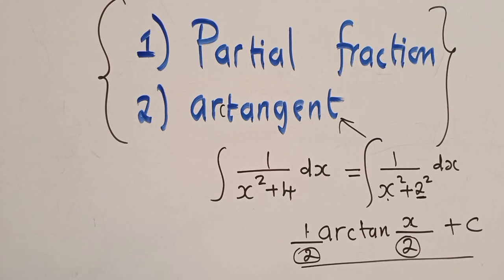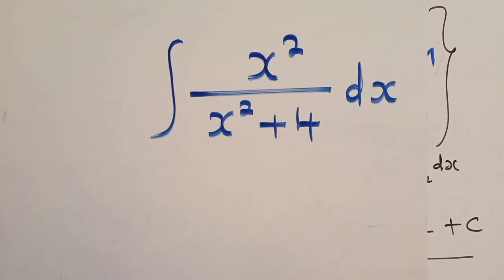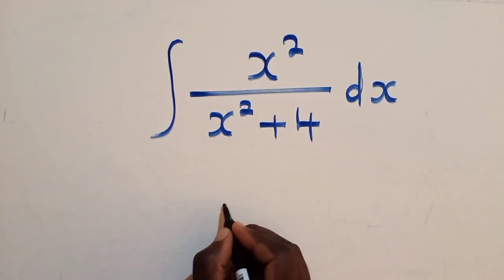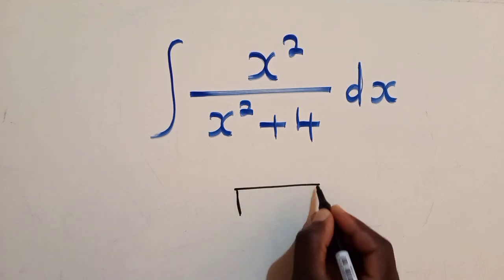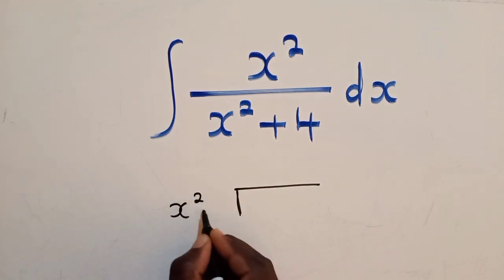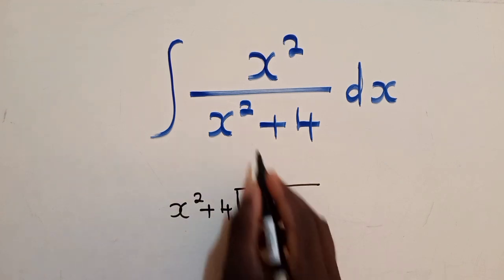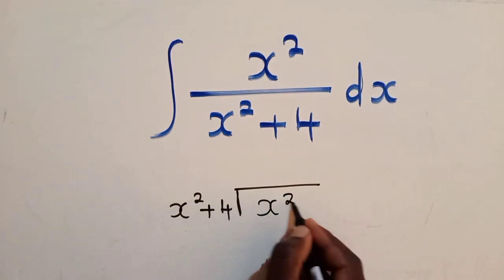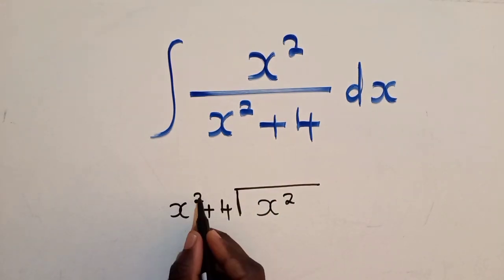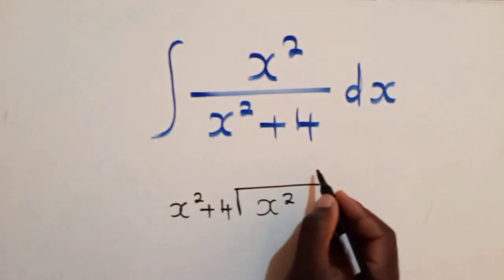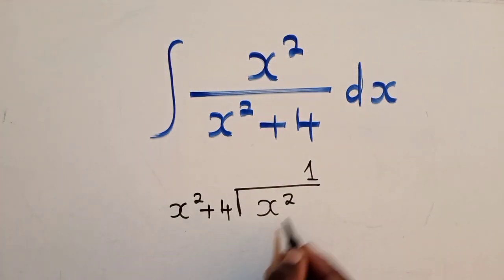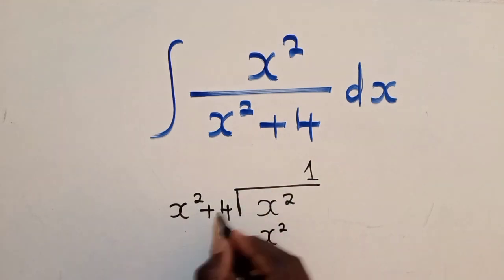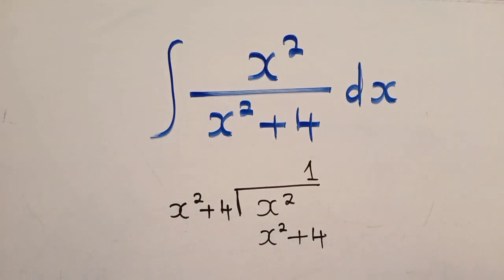So now let's apply these two properties on the question that we have and see what we get. All right, so here we first apply long division. We write x power 2 plus 4, the denominator, here, and the numerator inside. So x power 2 into x power 2 definitely gives us a 1. 1 times x power 2 is x power 2. 1 times 4 is 4.